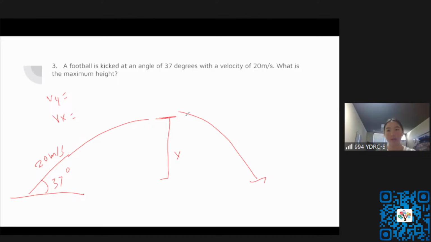Everybody, could you just type in what Vy would equal to? Just the first step. Steven, that's correct. Jamina, that's correct. Hey, everybody, just type in the answer to what is vertical velocity.